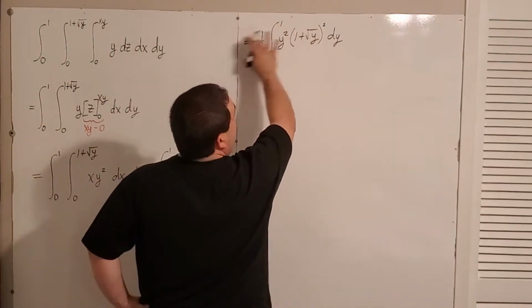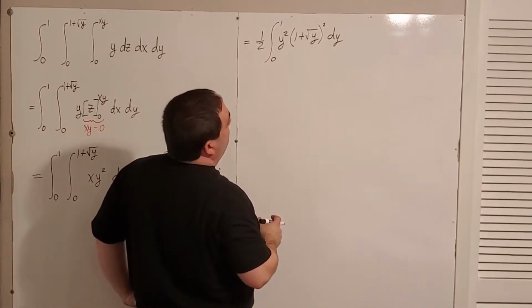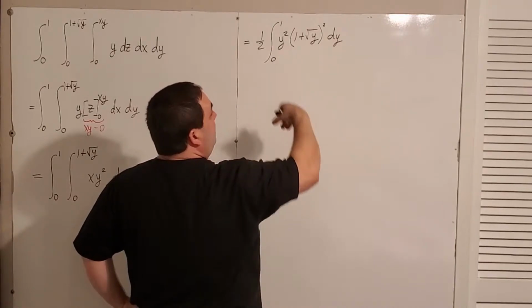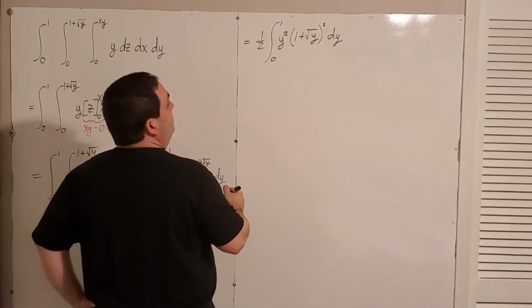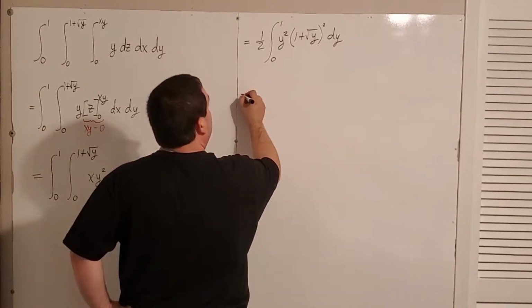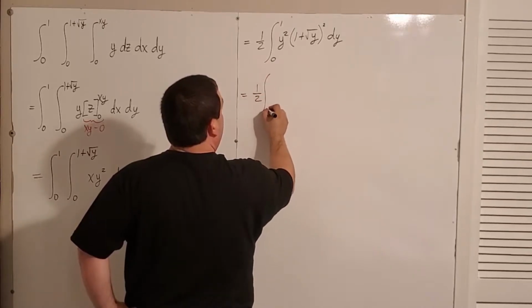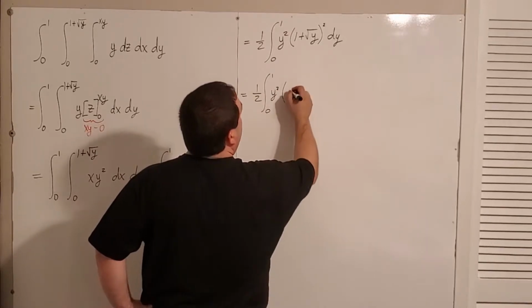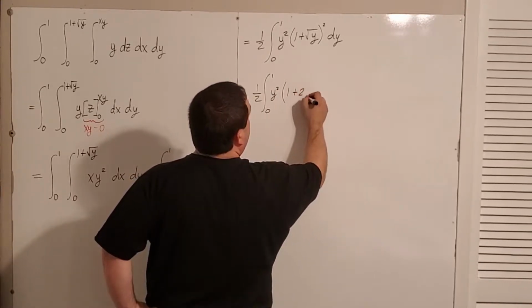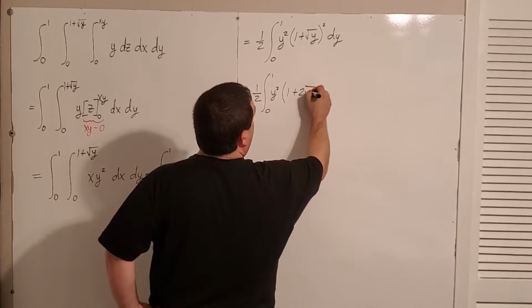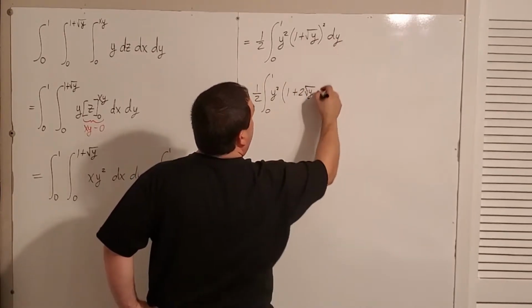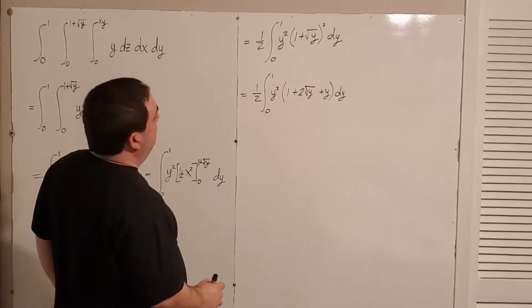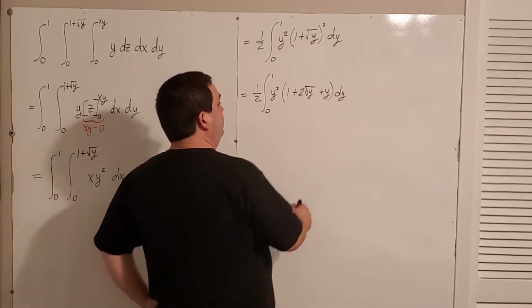So then, of course, this is one of your basic integrals from Calc 1. I'm just going to FOIL, distribute out everything, and then do all of my power rules. So 1/2 integral 0 to 1 y squared times 1 plus 2 square root of y, and then plus y. Distribute my y squared.